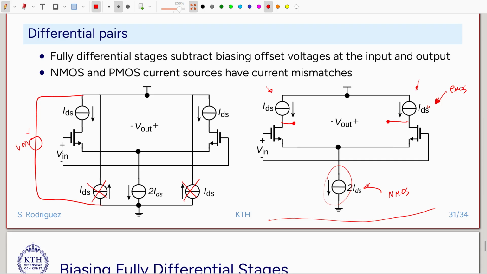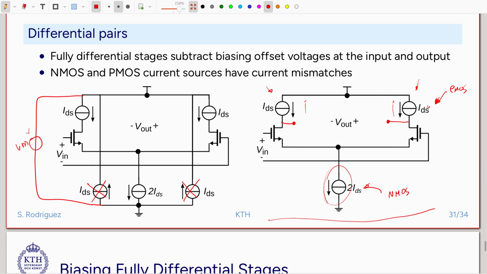If the current is larger in the NMOS, the output nodes will be pulled down, and vice versa. If the PMOS current sources are stronger, with more current, this node will be pulled toward VDD.